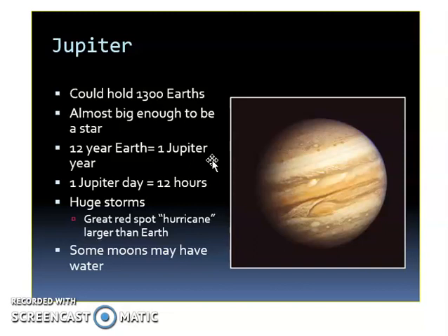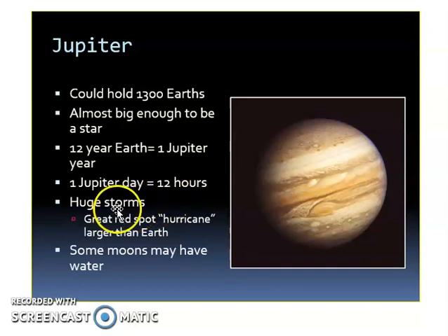Meaning Jupiter finishes orbiting around the sun in 12 years here on Earth. So if you are 12 years old here on Earth, if you go to Jupiter, you are just 1 year old. That is the equivalent. And then 1 Jupiter day is just 12 hours. Imagine, we have 24 hours a day, right? But on Jupiter, it's just 12 hours.